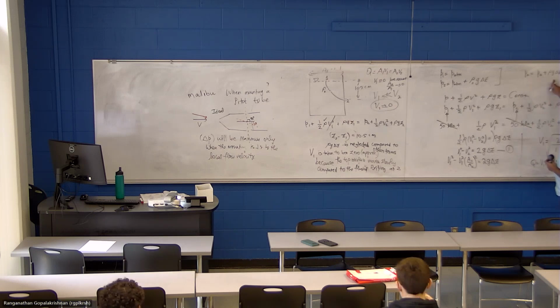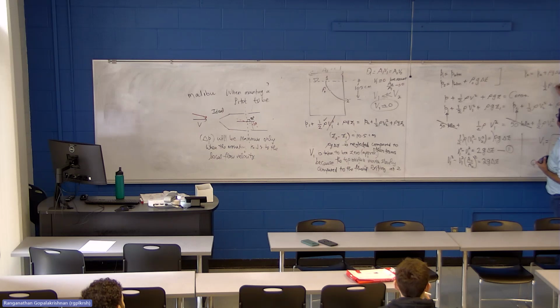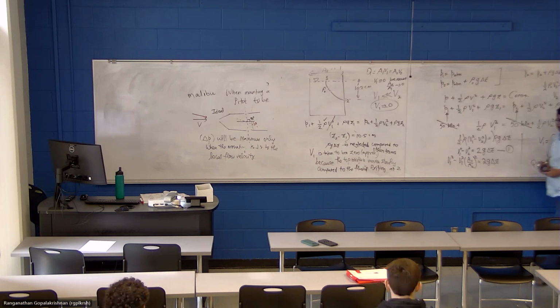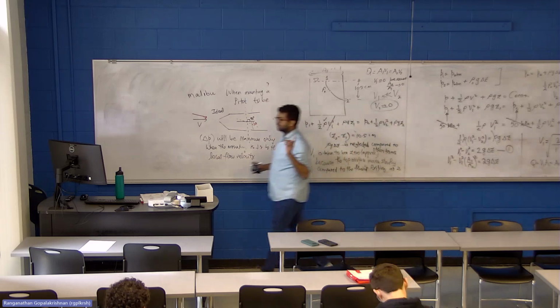I think I made a sign mistake, but I think you understand that half rho V squared should be equal to rho naught G times 10.5 centimeters. I'll fix it at the start of the next lecture. But if you go through this, you're going to get V2, from which you can get Q equal to A2 V2.